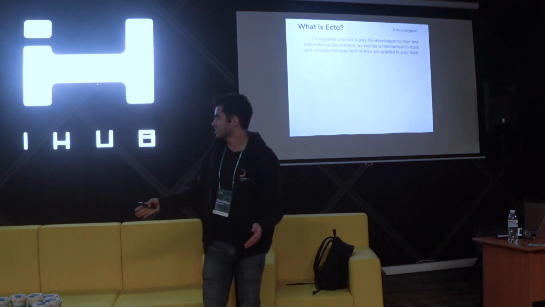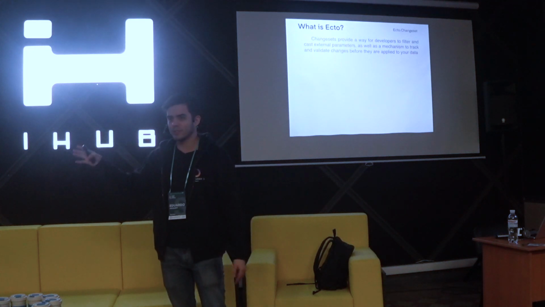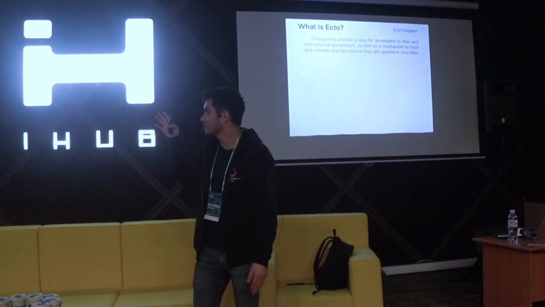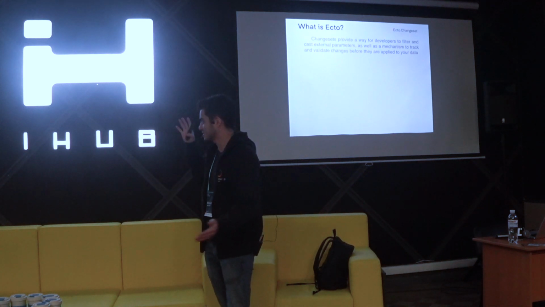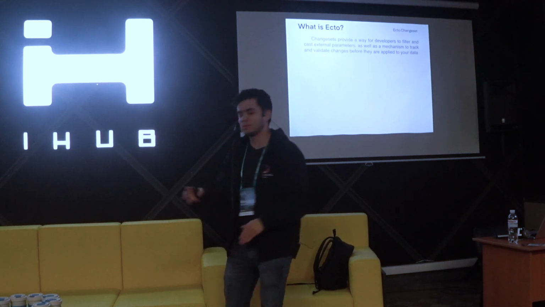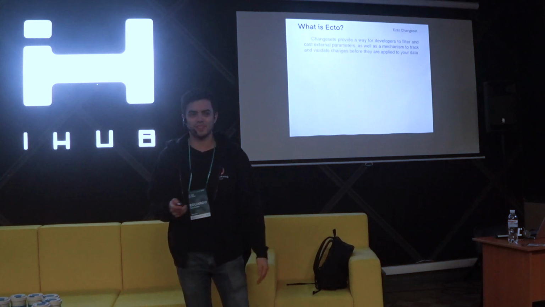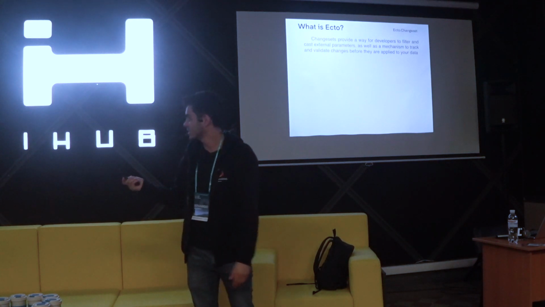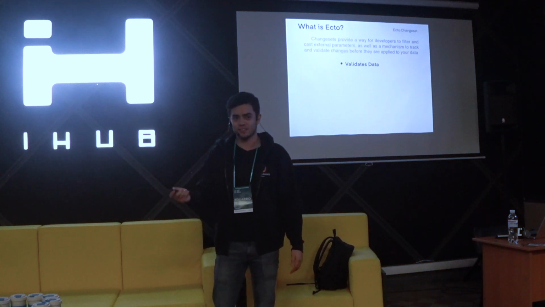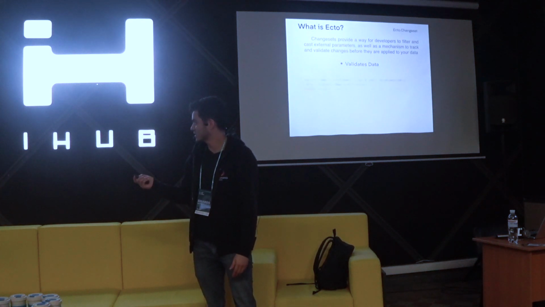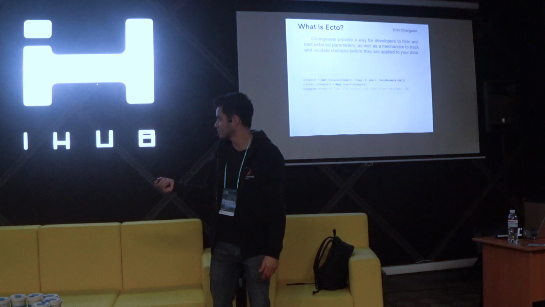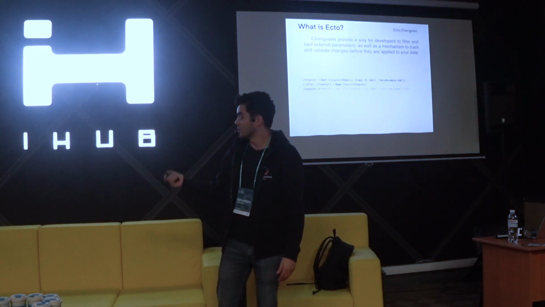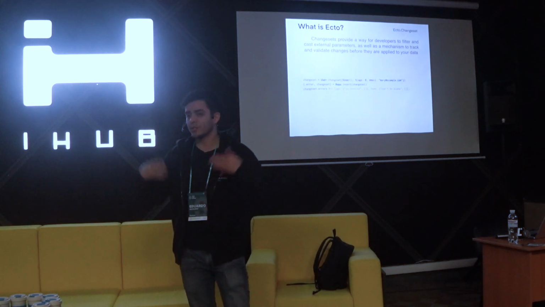So changesets, and this is a piece I grabbed from the documentation, that changesets provide a way for developers to filter and cast external parameters, blah, blah, blah, a few text lines, but at the end it just validates data. That's pretty much it. And it looks a bit like this. I took this also from the documentation. Here we are just trying to create a user, right?